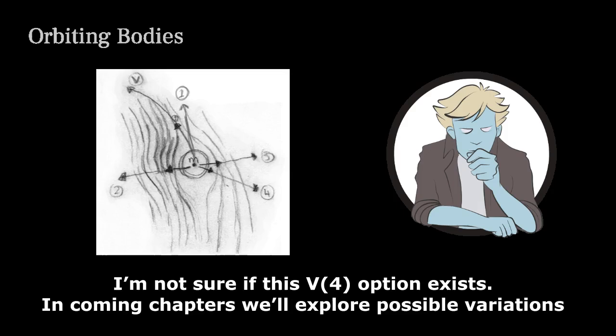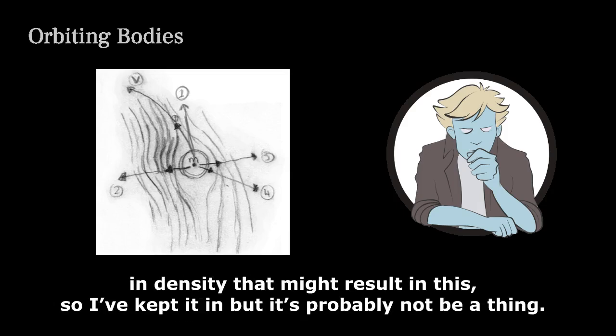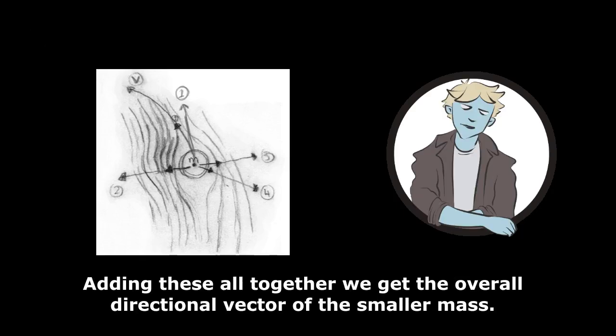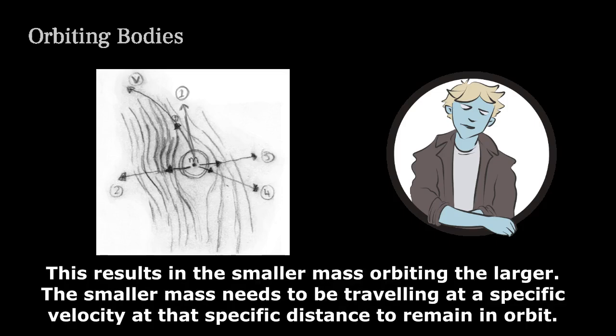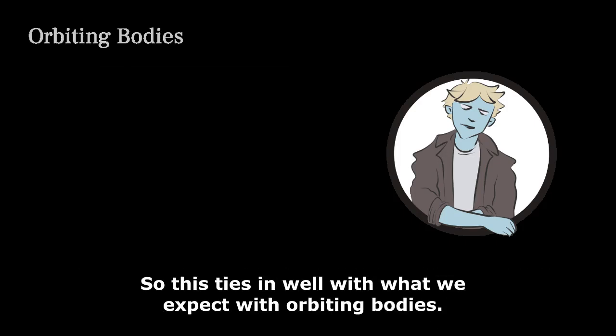In coming chapters, we'll explore possible variations in density that might result in this, so I've kept it in, but it's probably not a thing. Adding these together, we get the overall directional vector of the smaller mass. This results in the smaller mass orbiting the larger. The smaller mass needs to be traveling at a specific velocity at a specific distance to remain in orbit. So this ties in well with what we expect with orbiting bodies.